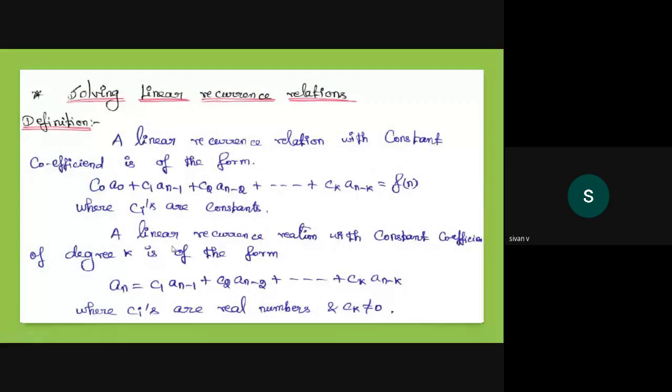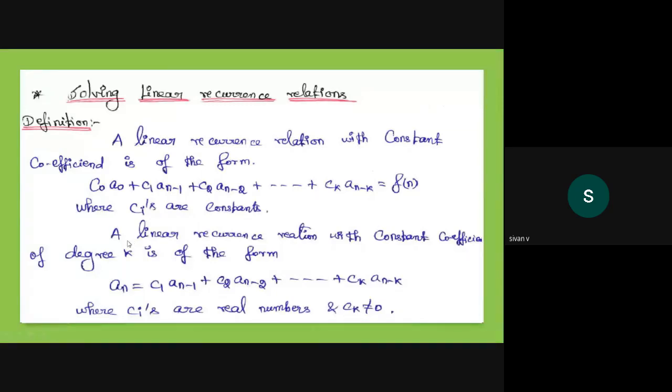Next, solving linear recurrence relations. First define the recurrence. A linear recurrence relation with constant coefficients is of the form c0 an plus c1 an minus 1 plus c2 an minus 2 plus ... plus ck an minus k equals f of n, where all ci's are constants.